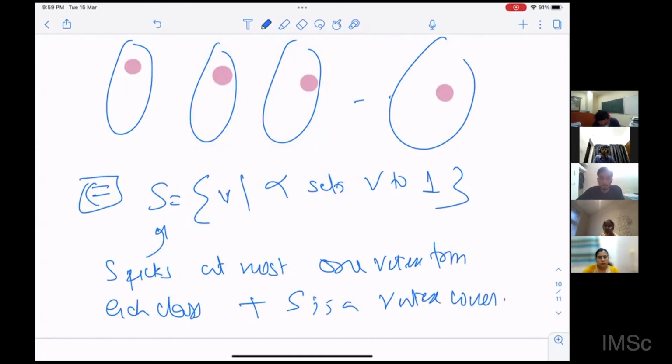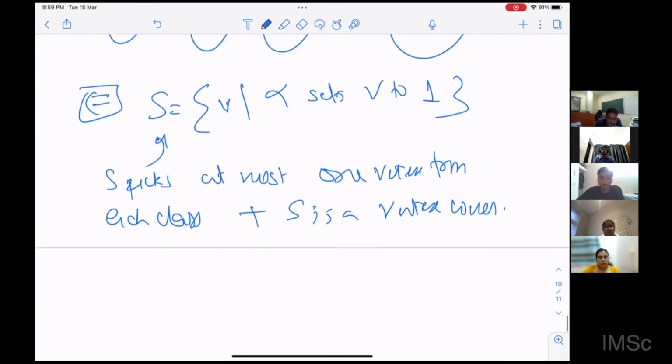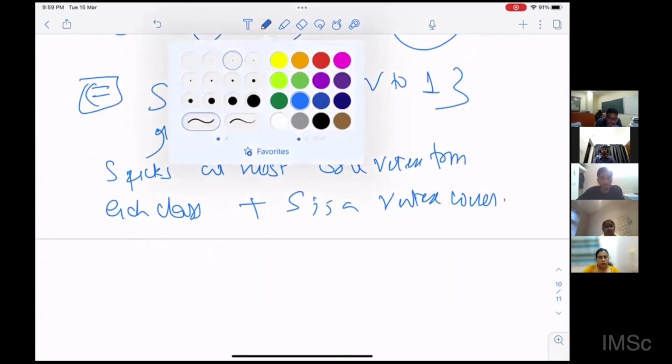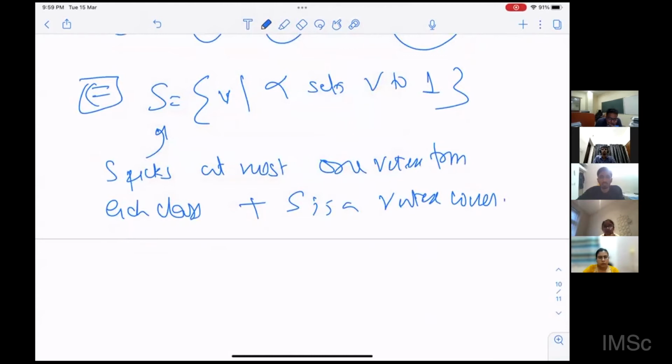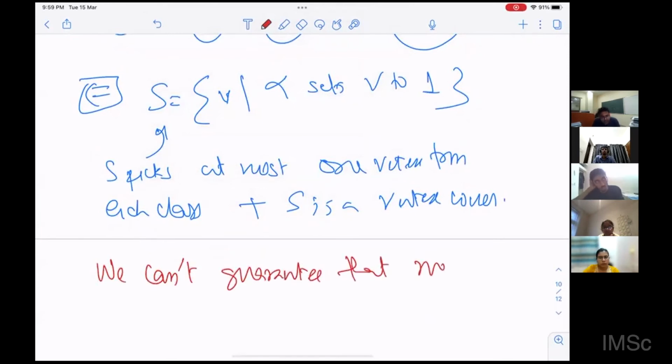What am I not able to guarantee from here? Tell me, what can I not guarantee? At least one vertex is selected. Okay. We can't guarantee that we select at least one vertex from each class.